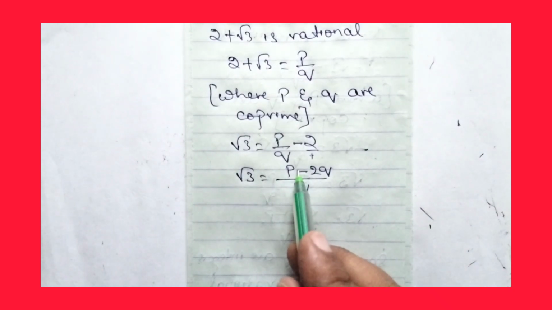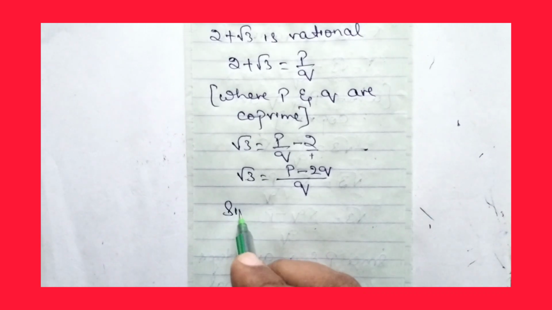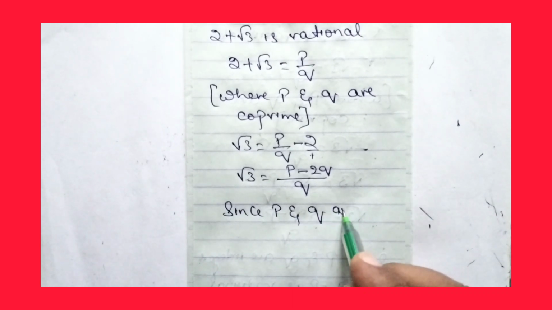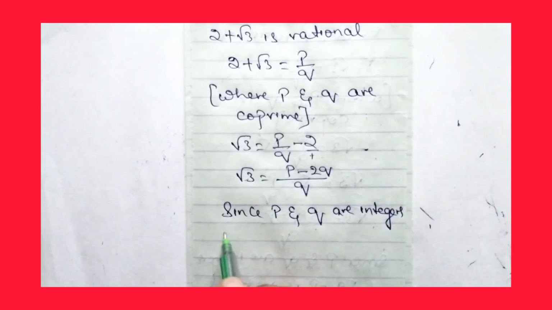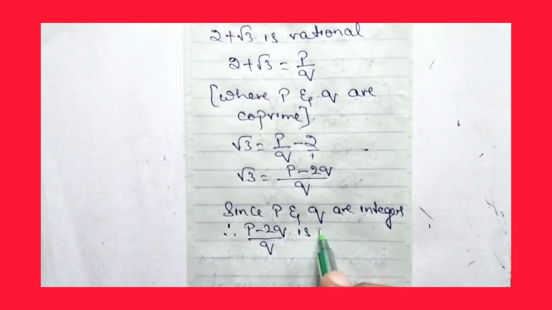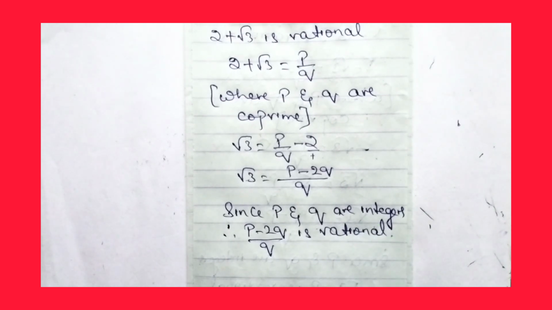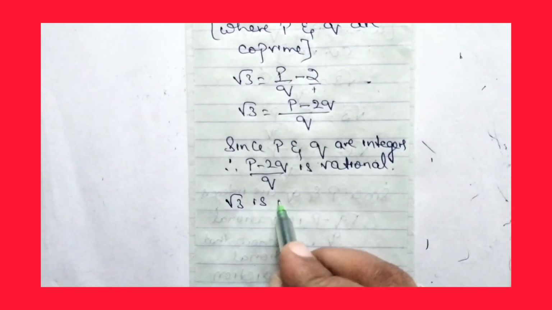So root 3 is equal to P minus 2Q divided by Q. Since P and Q are integers, therefore P minus 2Q divided by Q is rational. So root 3 is rational.